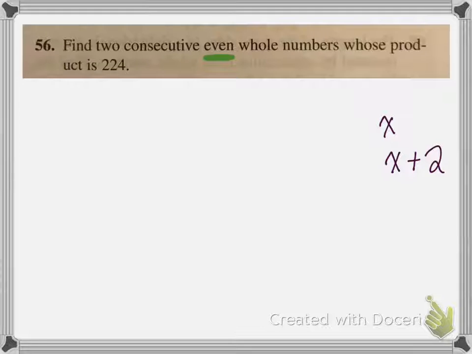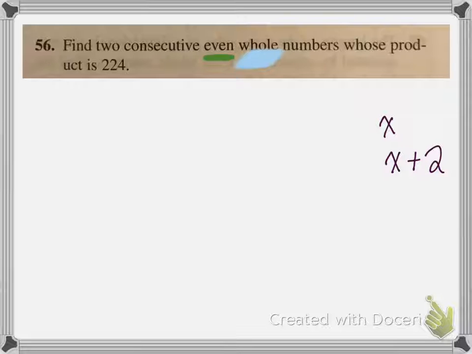Now I want us to talk a minute about this word right here, whole numbers. Whole numbers we learned about probably in kindergarten, maybe preschool. Whole numbers start with 0. They don't involve fractions and they don't involve decimals. So we go 0, 1, 2, 3, on to infinity.